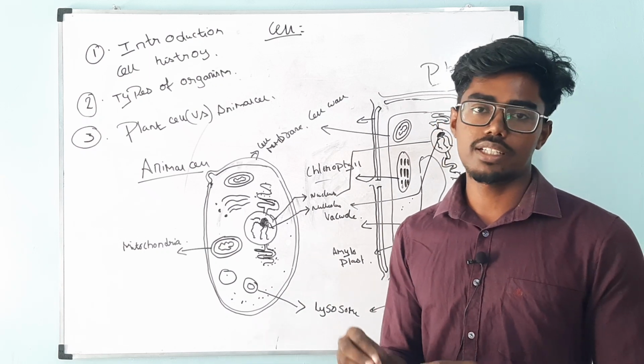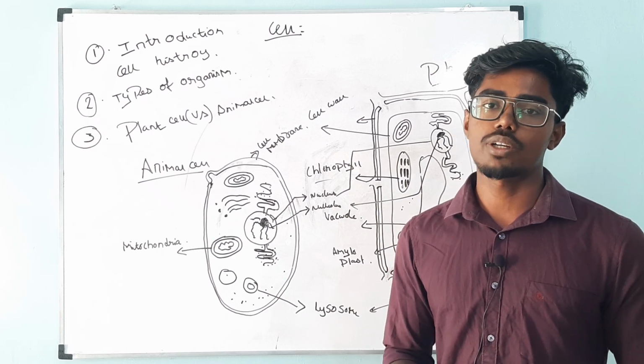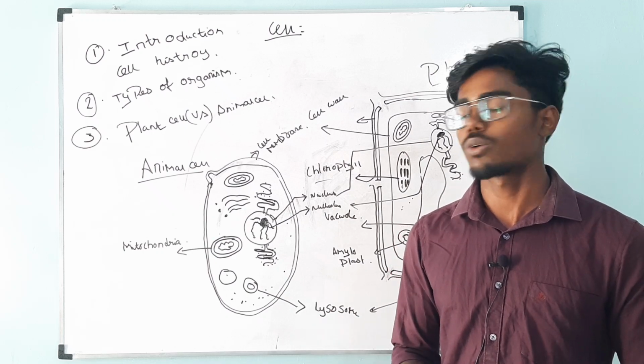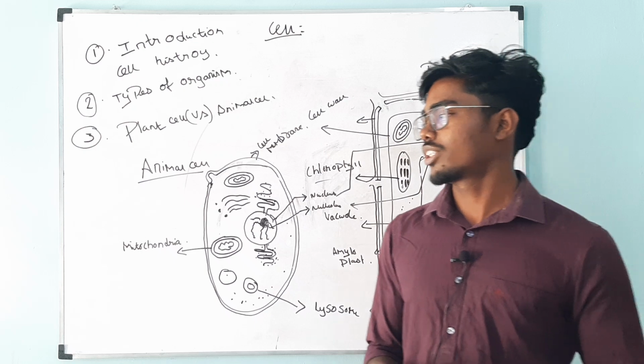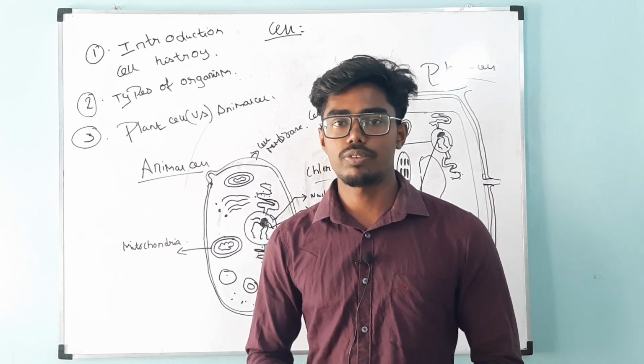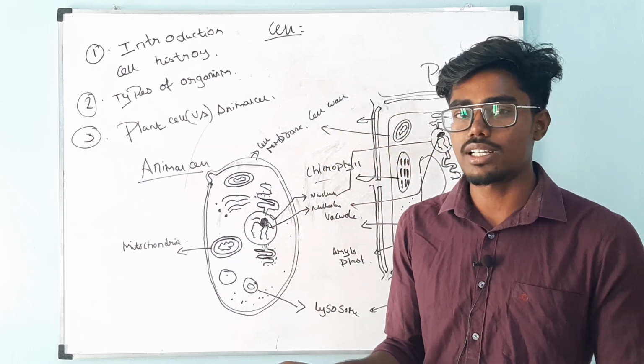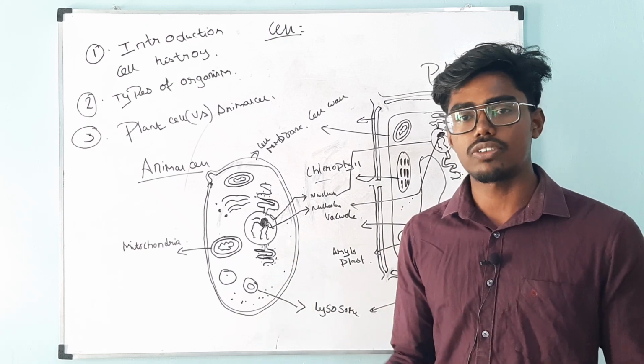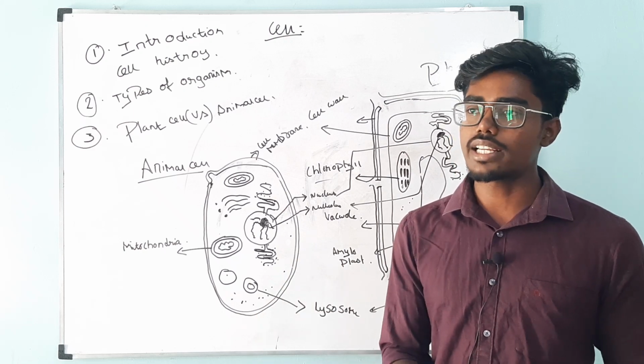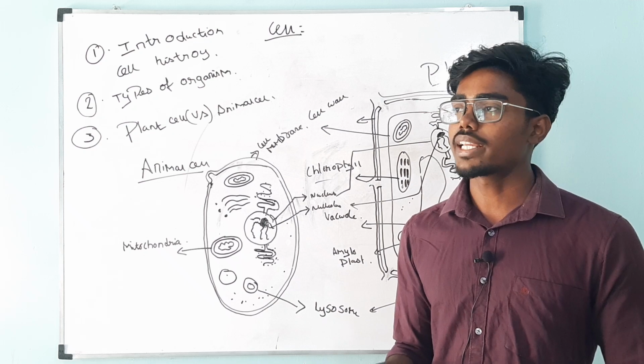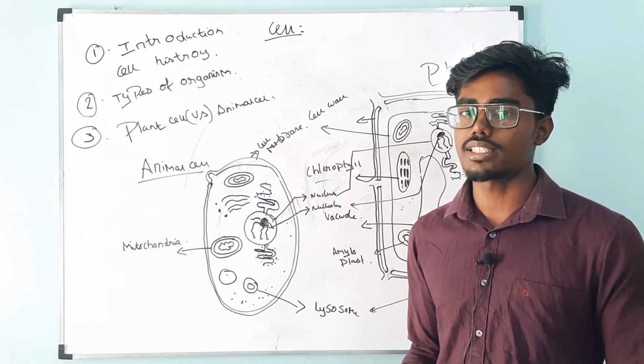It was discovered in the 17th century, in 1665, by Robert Hooke. With the help of only a microscope, he discovered that each organism is made up of cells, and he described it like a small room, but he didn't conclude anything about what is present inside the cells.